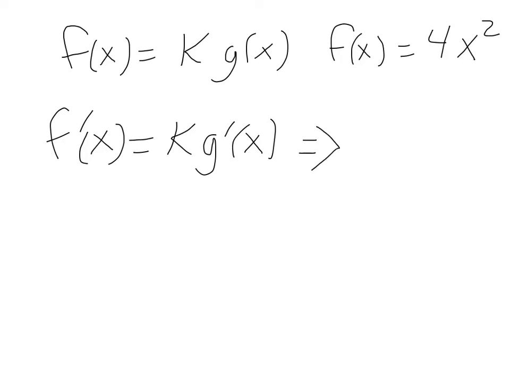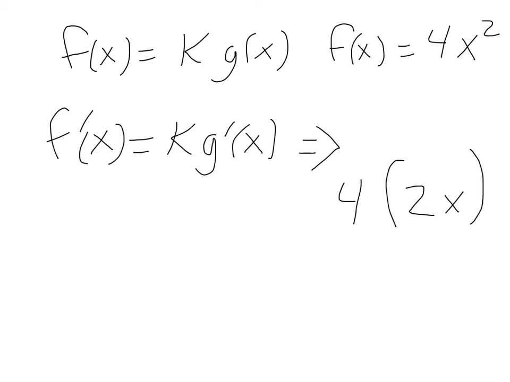What that means is we're going to leave the constant here, and we just take the derivative of this function. The derivative of x squared is 2x. That's from the power rule.